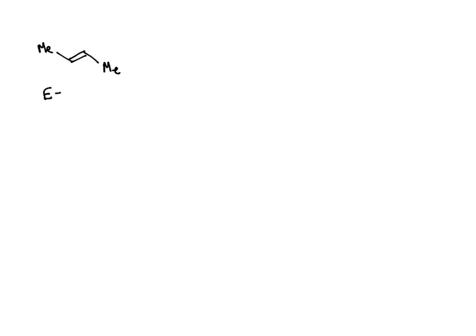This is E2-butene. But we also have the Z version, Z2-butene. These are different molecules. They are geometric isomers of one another, but they are indeed different molecules, and they have different physical properties because they have different energies.